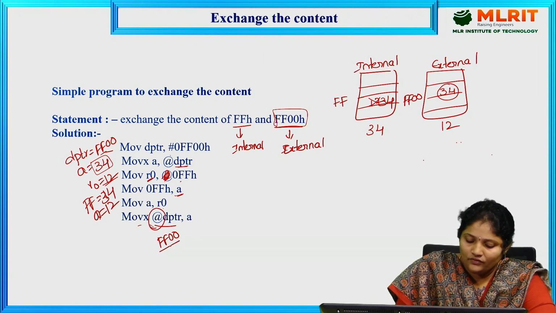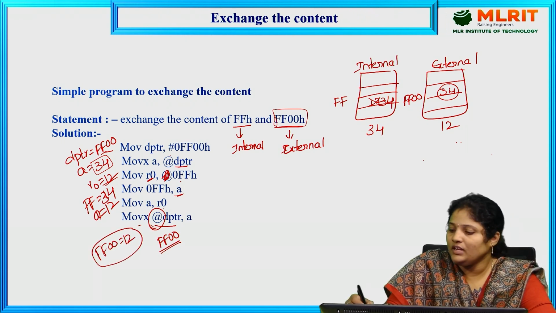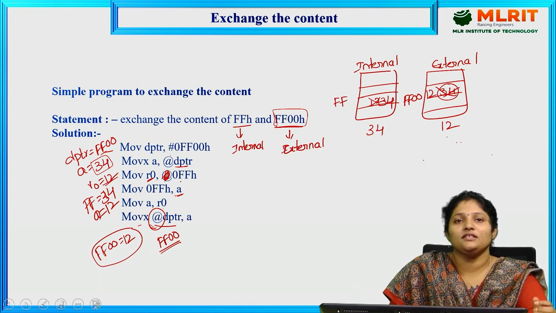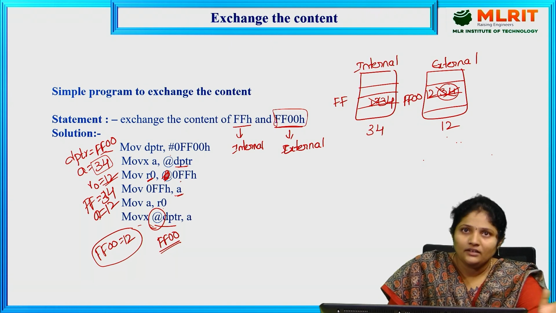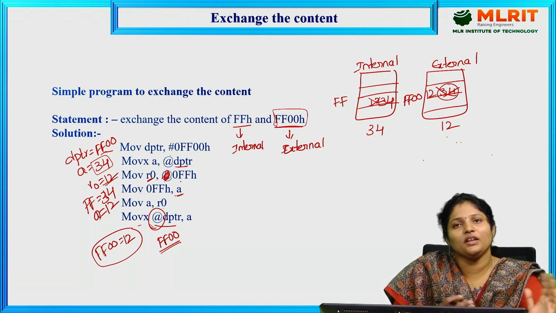So the content of FF00 will be loaded with the content of A, which is nothing but 12. So 34 will be replaced with the data 12. This is how we perform the exchange operation between two locations, one internal and the other external.